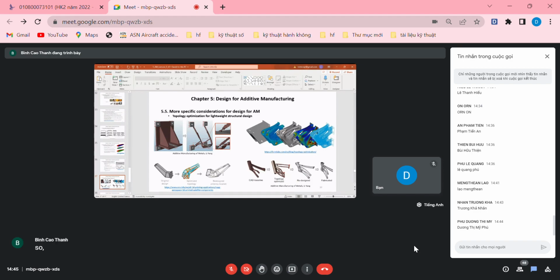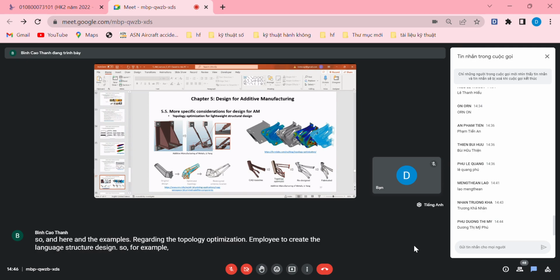And here are the examples regarding the topology optimization employed to create lightweight structure designs.